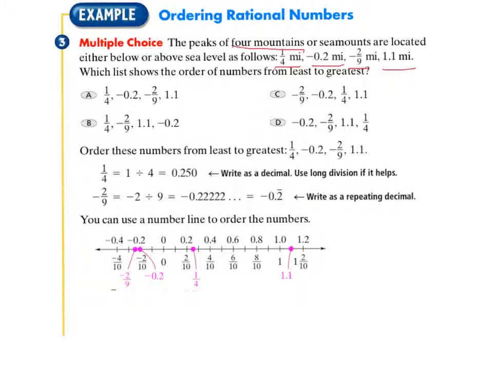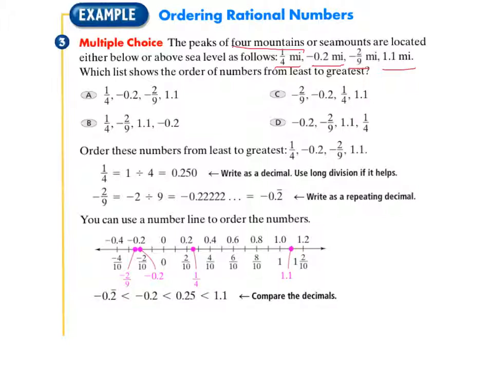Then positive 1/4 or 0.25 goes halfway between 0.2 and 0.3. And then our last number of 1.1 goes farther up. It's the only one that is more than 1 in either direction.